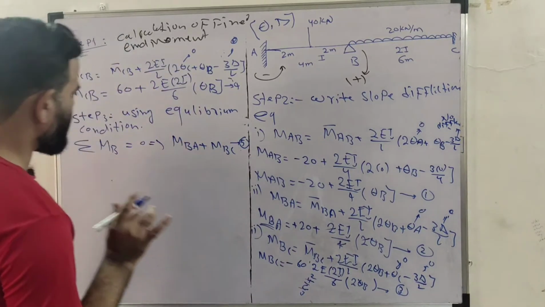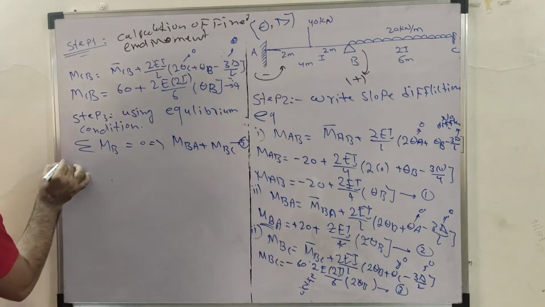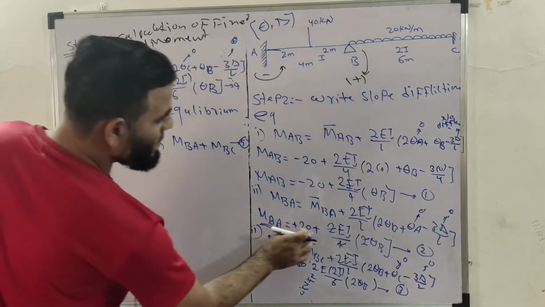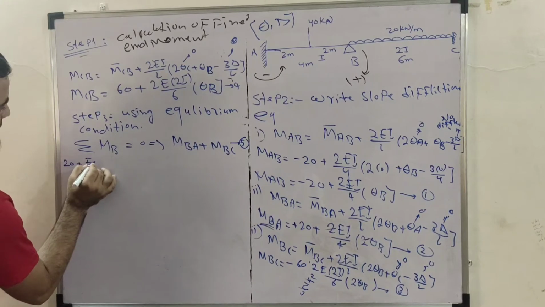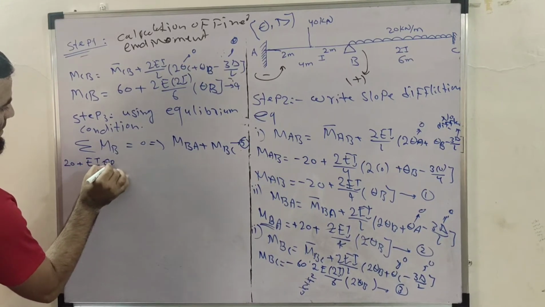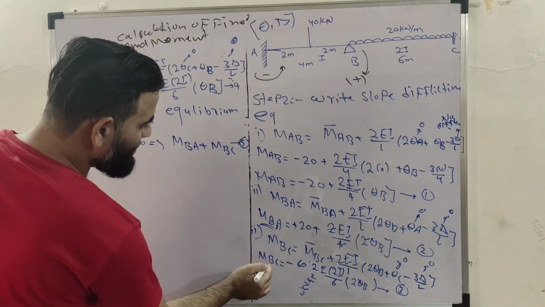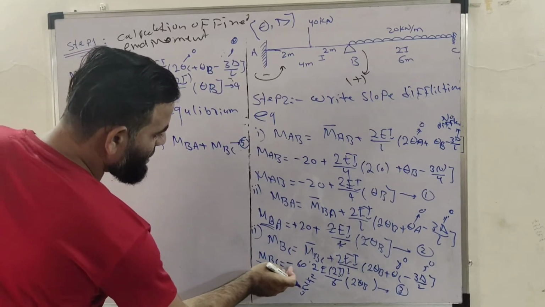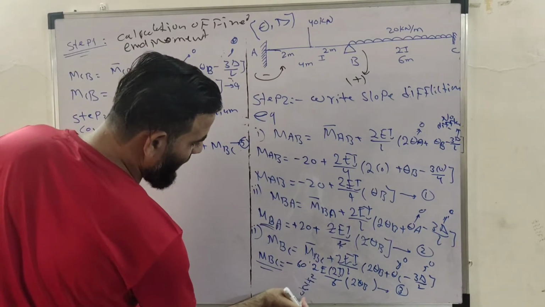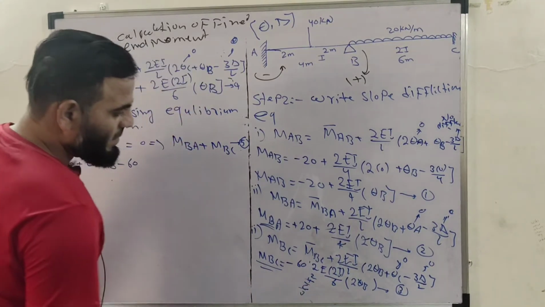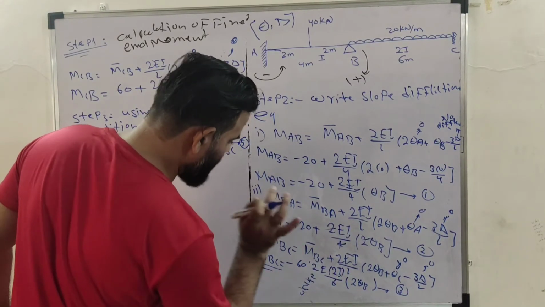We will consider this one. Now we will substitute BA value. BA is this one, 20 plus EI into theta B. Plus BC value is this one, minus 60, 2 by 3 into 2.